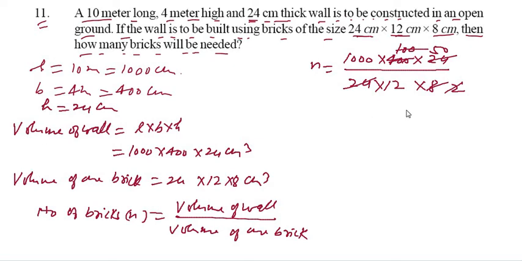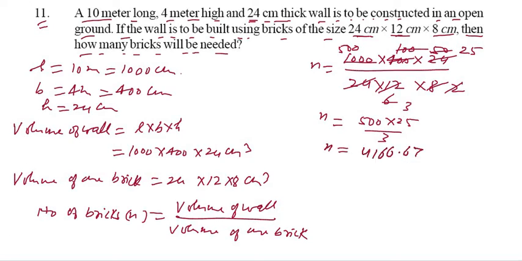Once again 2 sixes here, and 2 twos are 4, and 2 fives are 10. Once again 2 threes, and here 2 fives, so we get 500. So N will be equal to 500 into 25 divided by 3. So what will happen? You can see here, that is 4166.67 bricks. So that one is your answer.